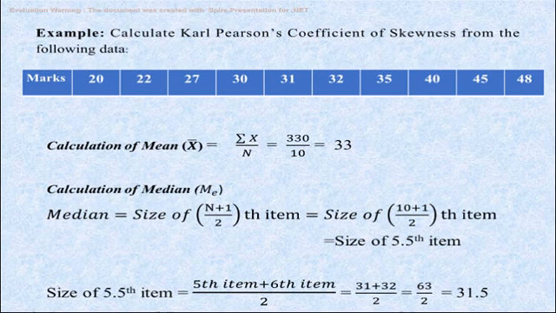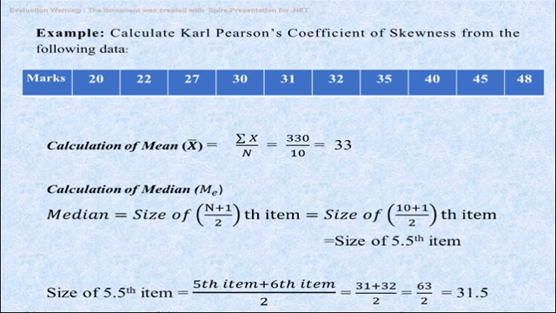We can calculate the coefficient of skewness using any of the formulas discussed earlier, that is, either by deducting mode from mean or deducting median from mean. Here I will be calculating it using mean and median. So at first, we have to calculate mean and median.